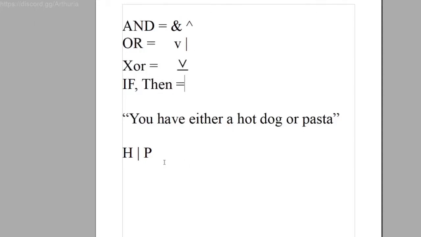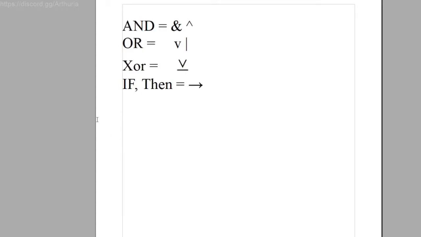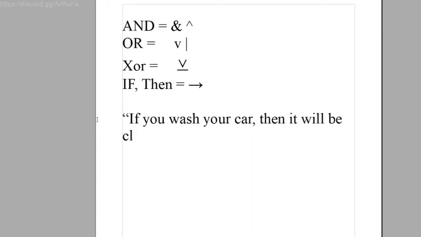People usually use an arrow for this, and we'll just use an arrow for now. So an if then statement is: if you wash your car, then it will be clean. The way we would translate this, here we have a compound, right? If you wash your car.